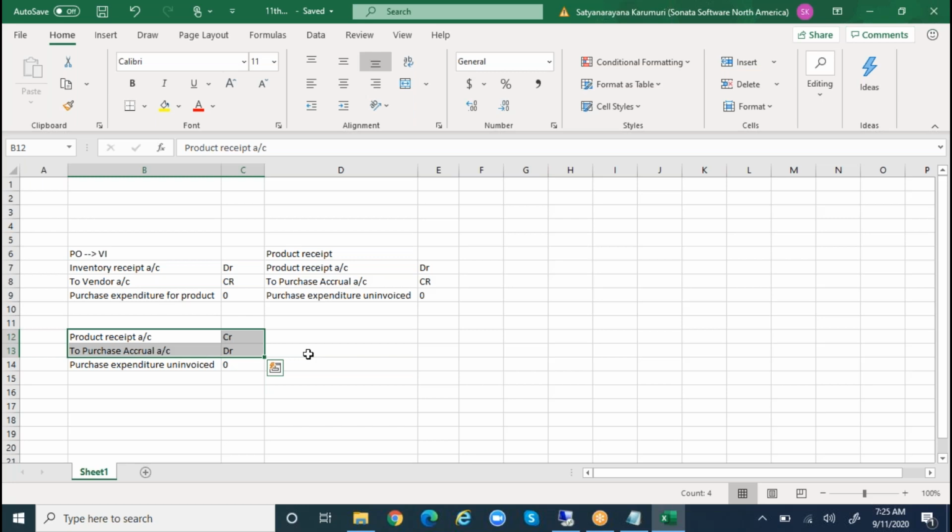That means inventory receipt plus product receipt, both together is the inventory at month end in your warehouse. Some invoices are not done, but the total inventory is the inventory receipt account plus the product receipt ledger added together, and that will be the month end inventory. And what about the vendor?